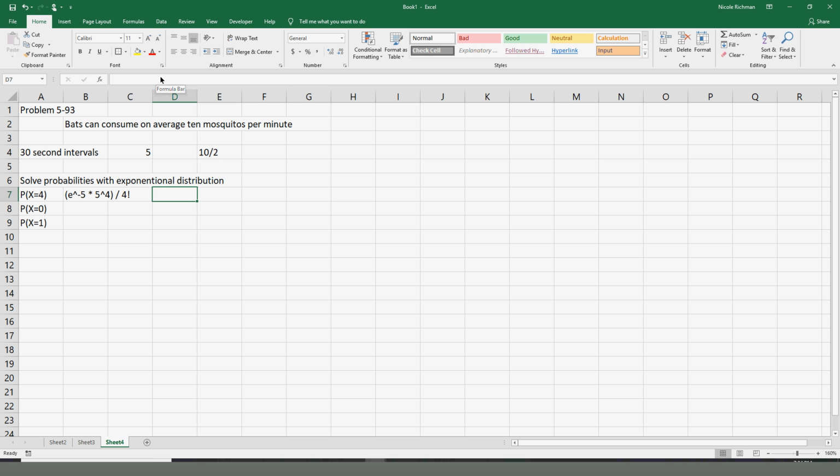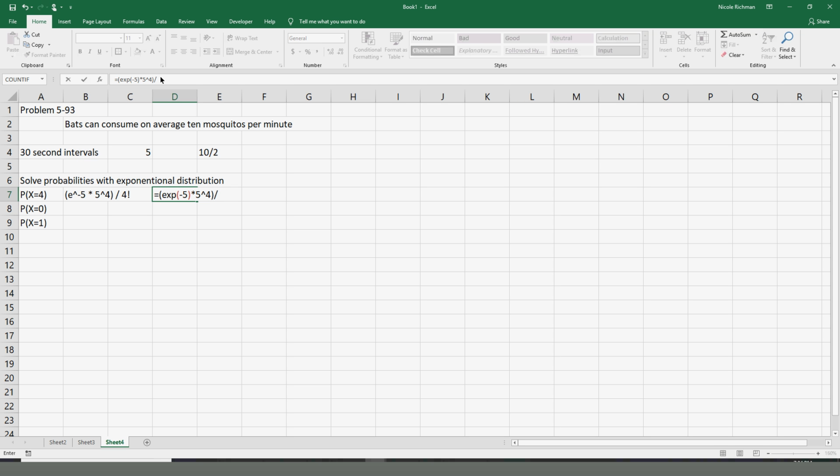In Excel, we can do exponentials by using EXP. So we can actually type this equation exactly the way that it is. We want to know the exponent of -5 times 5 to the power of 4.